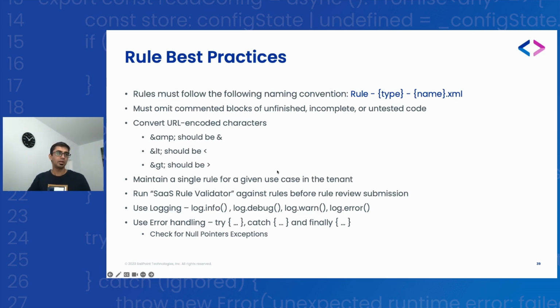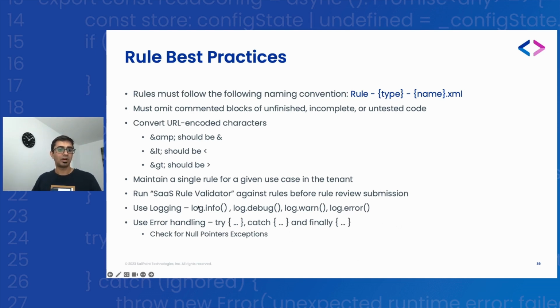Our engineering has also put together a SAS rule validator script. Before the rule is submitted for rule review, we need to validate the rule through the SAS rule validator script, and also submit the output of that validator script.